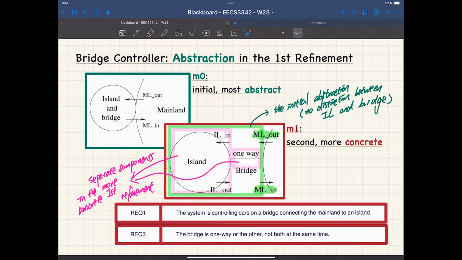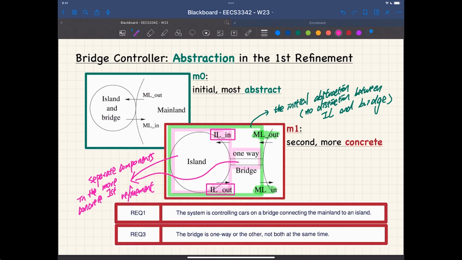Okay, and then these two, IL in and IL out. These two events will be considered as the new events. One here and also one here.